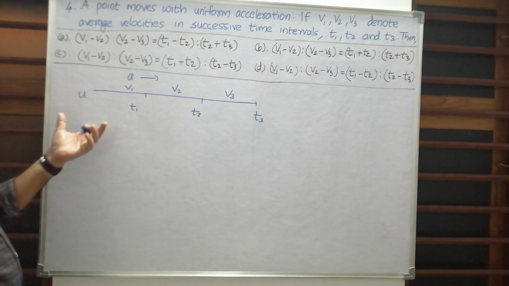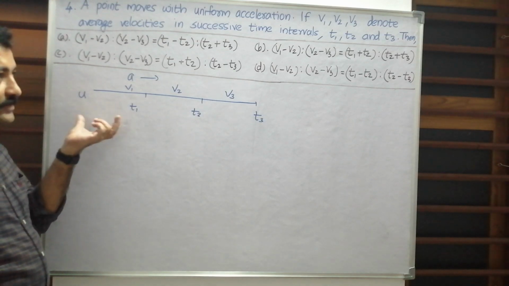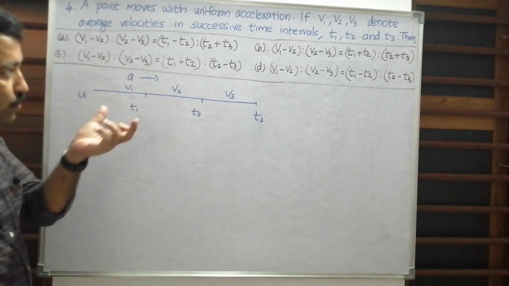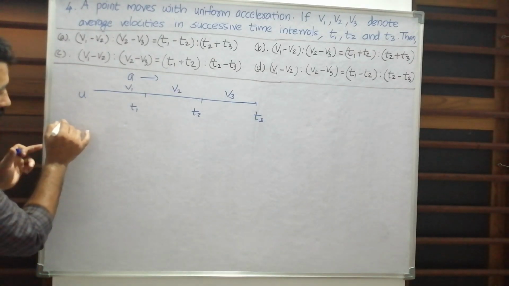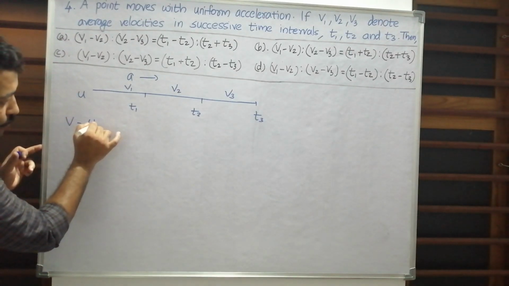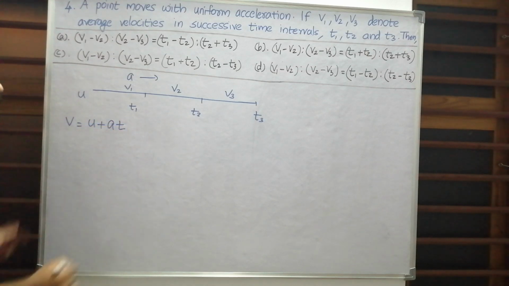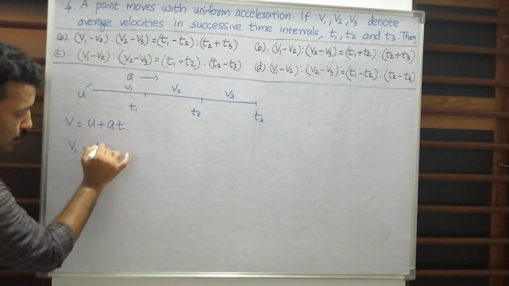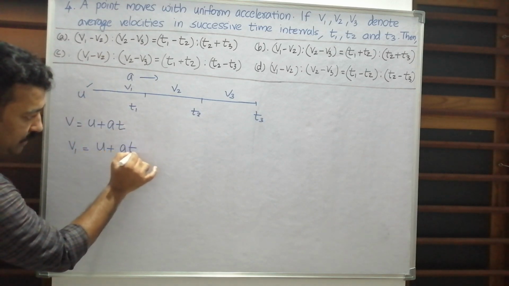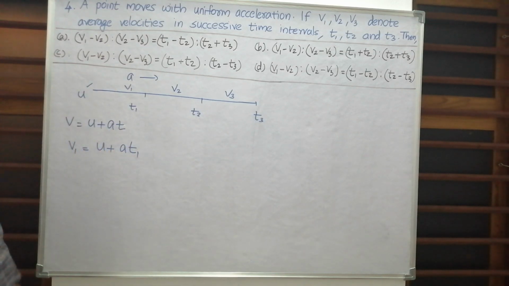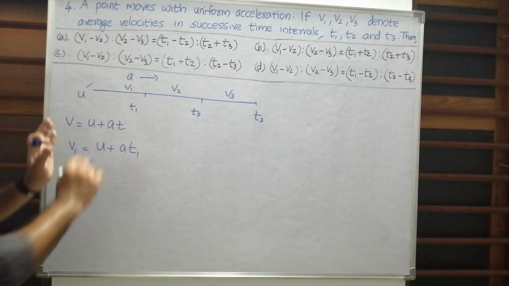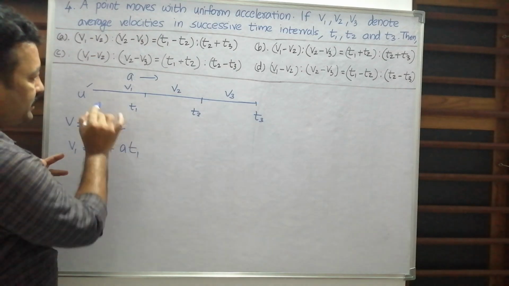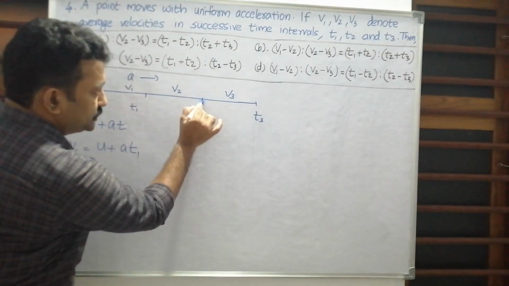So let us first calculate the value for the first time interval t1. After covering t1, what will be the final velocity? We can use the equation, V1 can be written as initial velocity u plus a into t1. We got the value of V1. So if it covers t2, what is the total time taken? T1 plus t2.